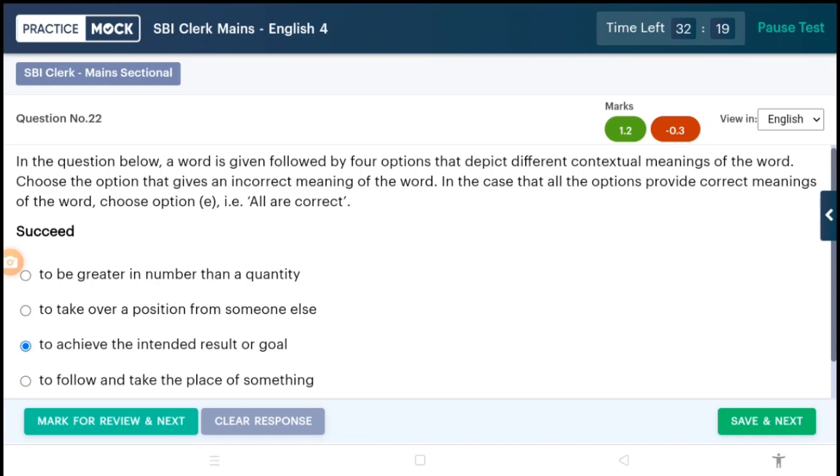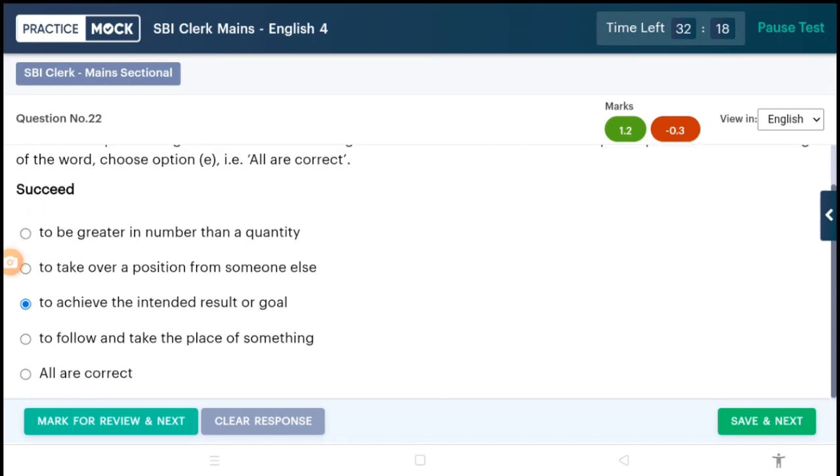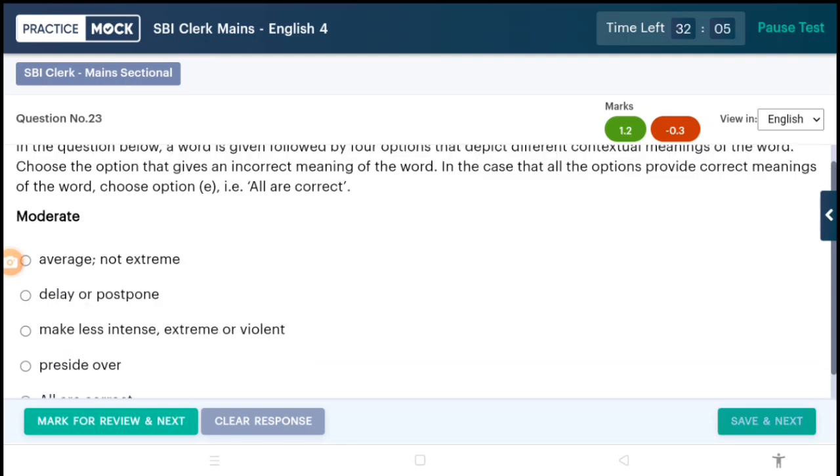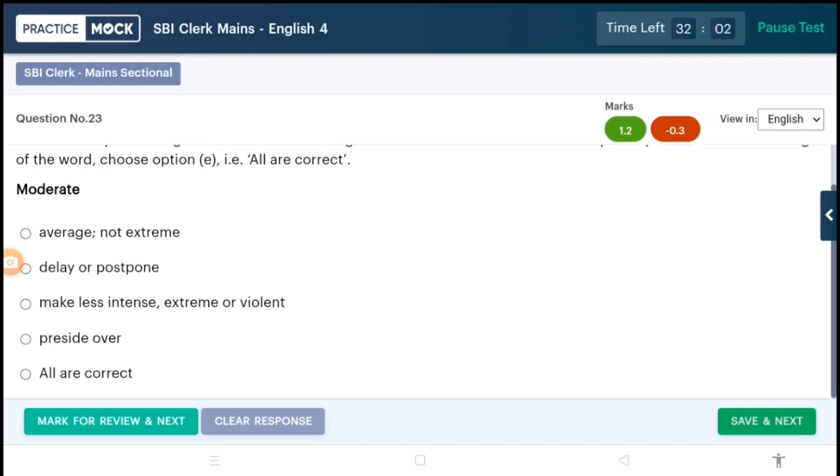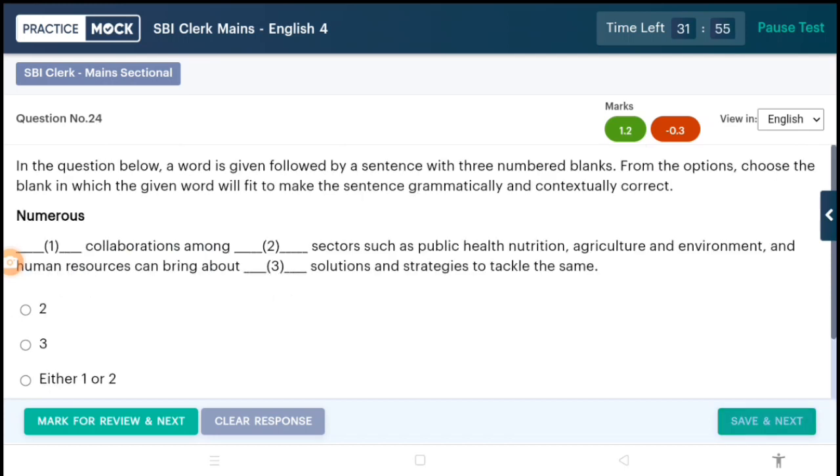So here, choose the option that gives incorrect meaning. I think color correct. Next, moderate. Option B.